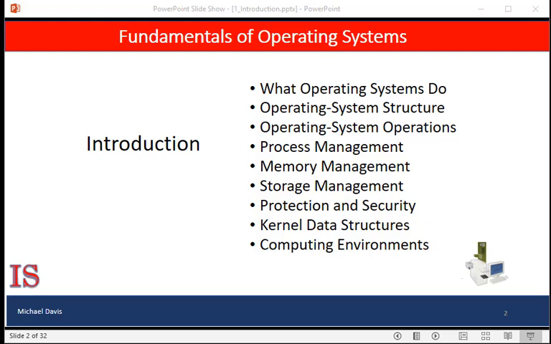Today, operating systems may be found assisting applications in cars, appliances, smartphones, personal computers, enterprise computers, and cloud computing environments. In your introductory courses, you were introduced to the primary components of the computer, such as the CPU, memory, input-output devices, and so on.